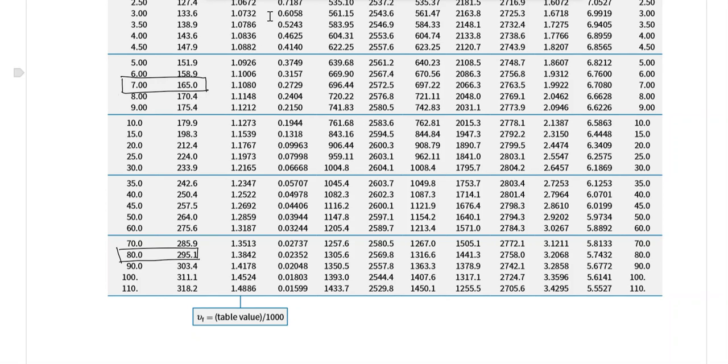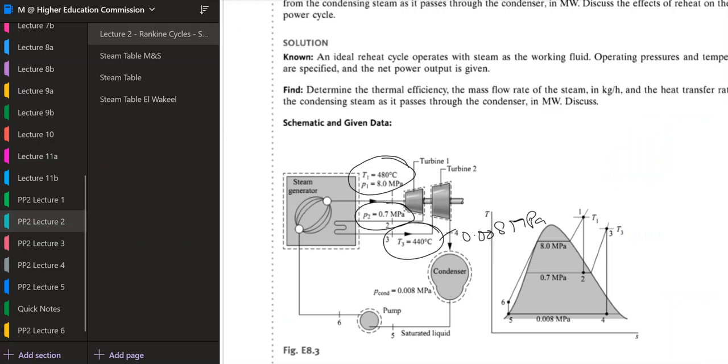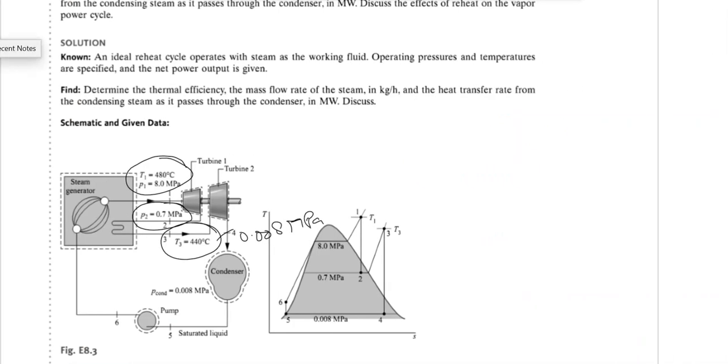Similarly, we will come back to the 0.7 megapascal steam table to check whether it is expanding inside the vapor dome or outside the vapor dome. First, we have a superheated condition, so we will go to the superheated steam table and find the enthalpy h1 and entropy s1.